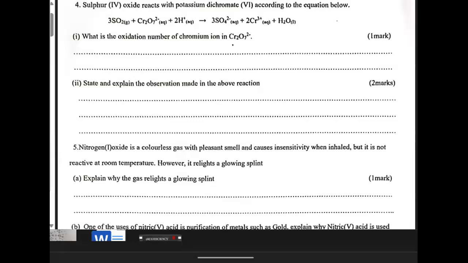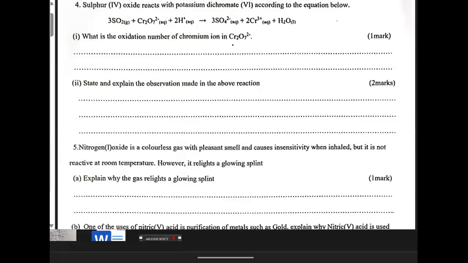Then Cr is plus 6. We keep on saying dichromate 6. Now we have seen how to get the 6, meaning the oxidation number of chromium is plus 6 in that compound. More practice on how to calculate the oxidation number will come when we embark on the topic of electrochemistry. So I can proceed.